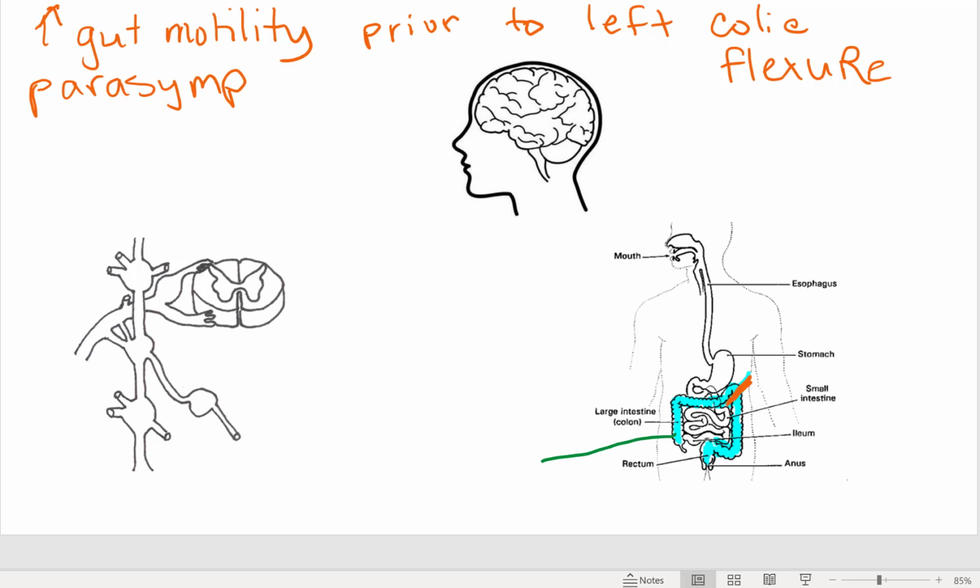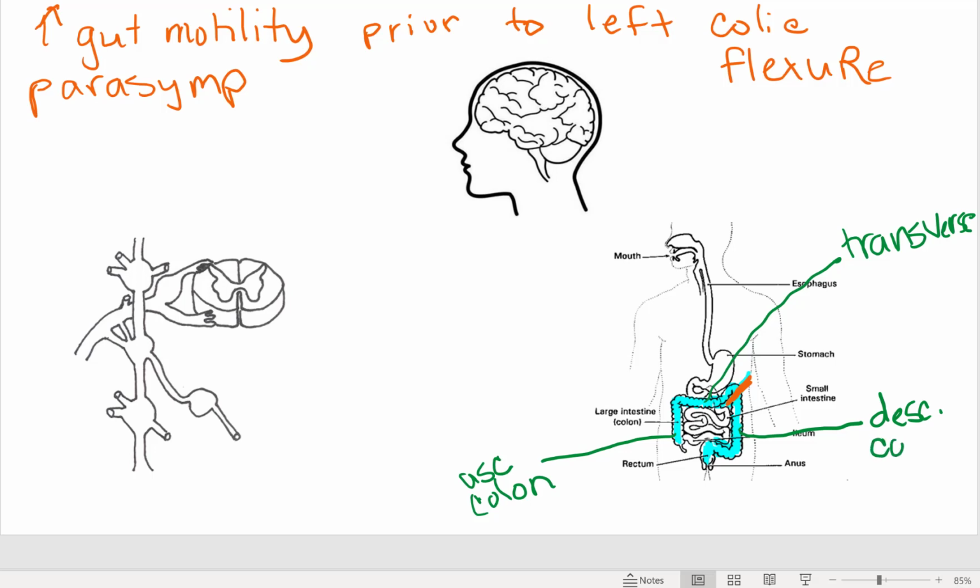This part is called the ascending colon because it's going upward towards the head. This part is called the transverse colon because it's going horizontally. And then this part down here is the descending colon. So that's the large intestine.